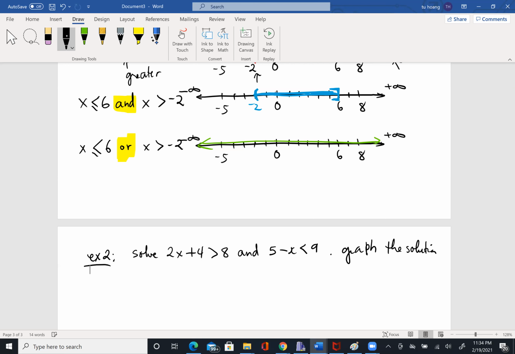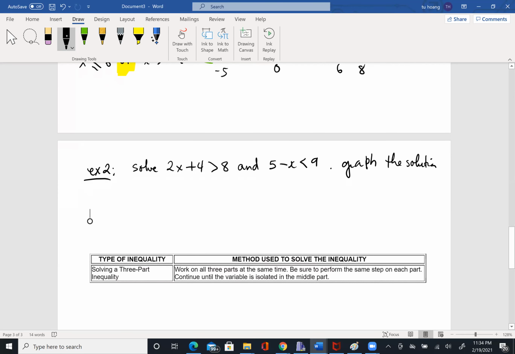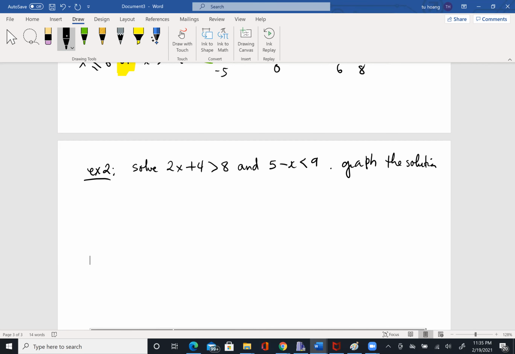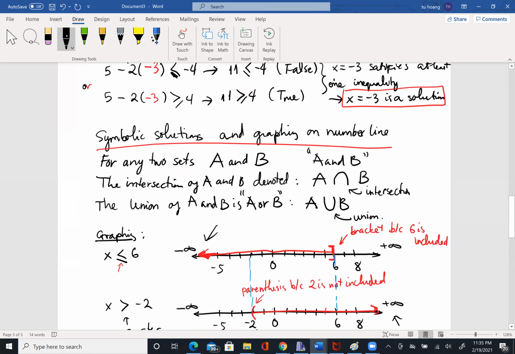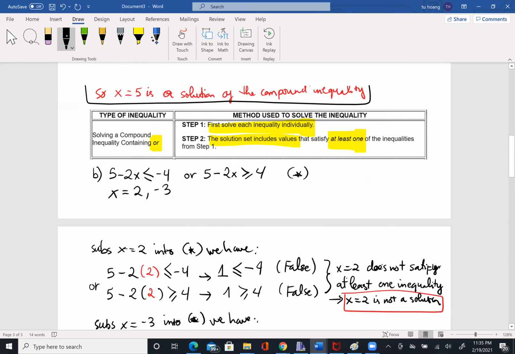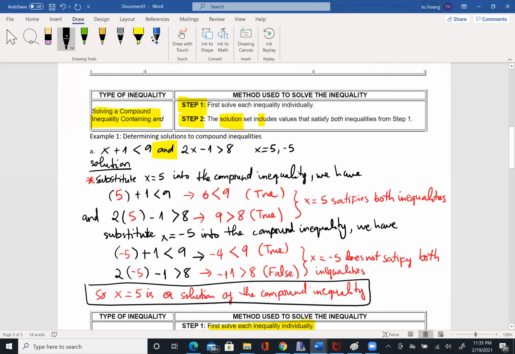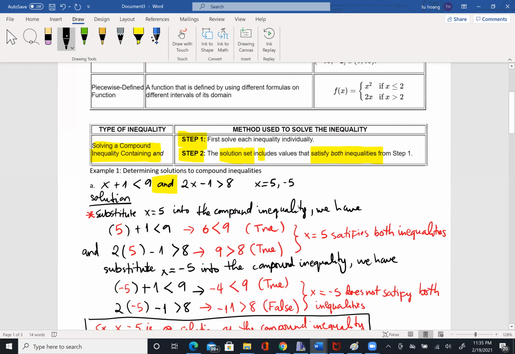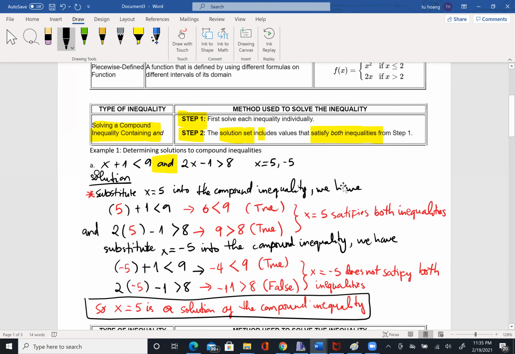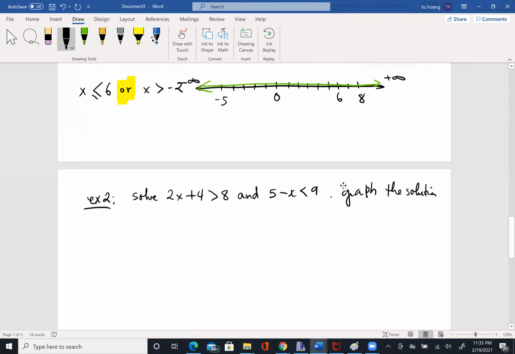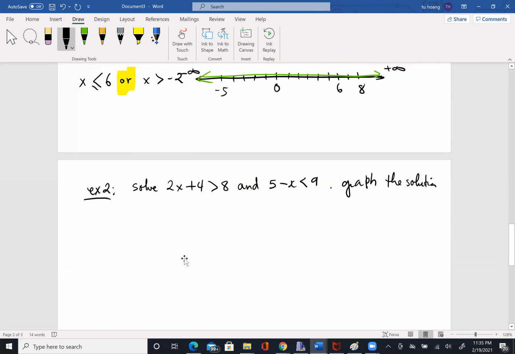Okay, now it's become harder, so let's see how I can handle this. This doesn't give you any value to check, so you have to follow the 2 steps I showed you for compound inequalities with N. First, solve each inequality individually. Secondly, find the solution set that includes values that satisfy both inequalities from step 1.